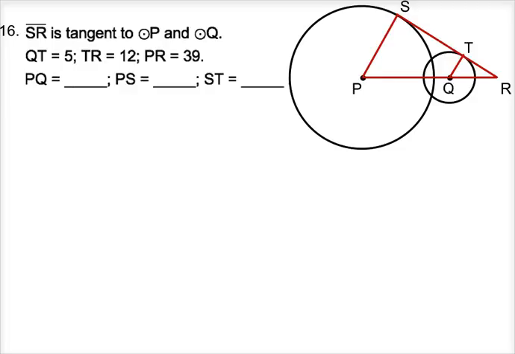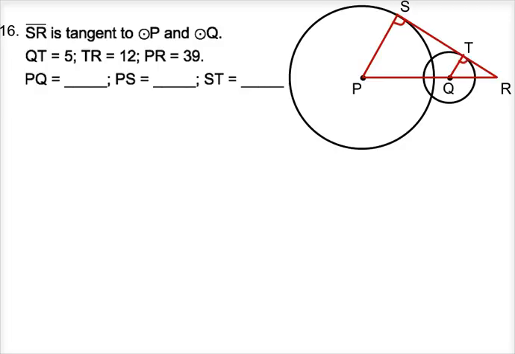Segment SR is tangent to circle P and circle Q. QT equals 5, TR equals 12, PR equals 39, and I'm supposed to find PQ, PS, and ST. Let's start filling in the information that I do know. If SR is tangent to circle P, I know that it's going to form a 90-degree angle here, and if it's tangent to circle Q, I know that it's going to give me another 90-degree angle there.